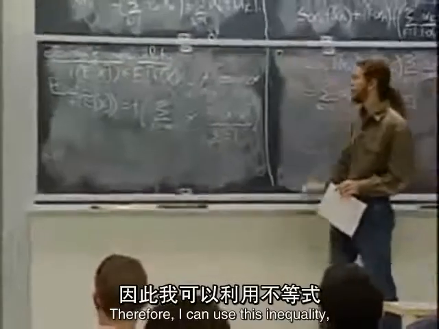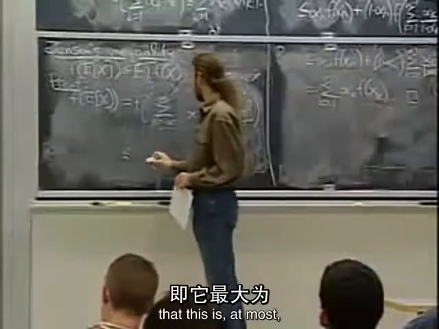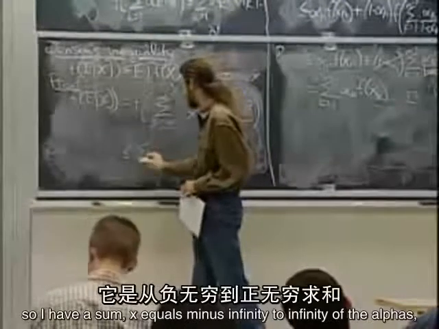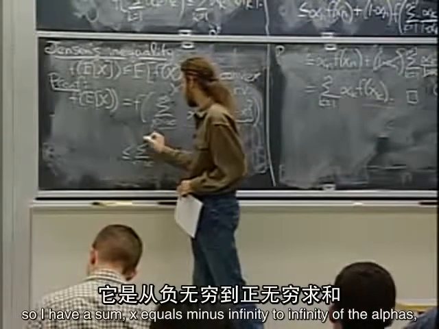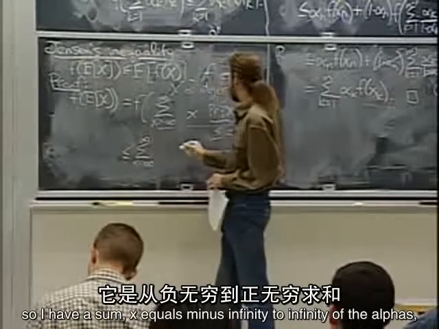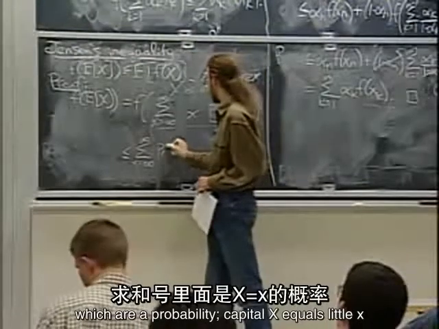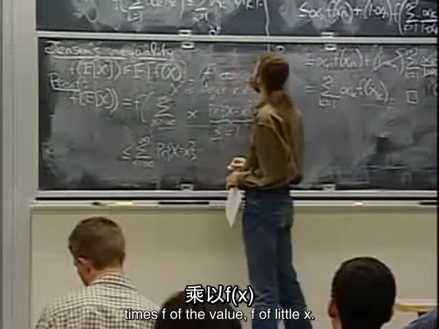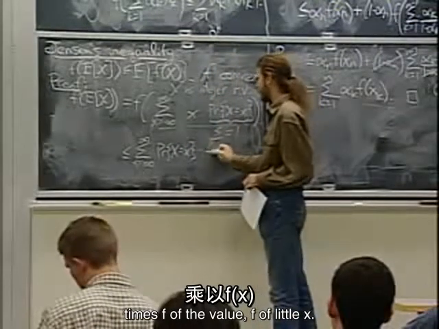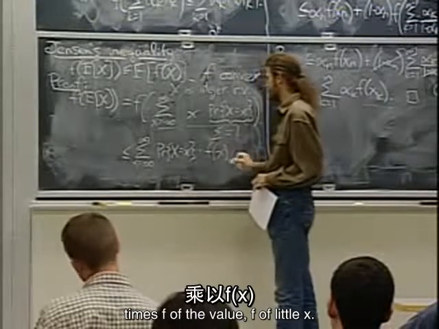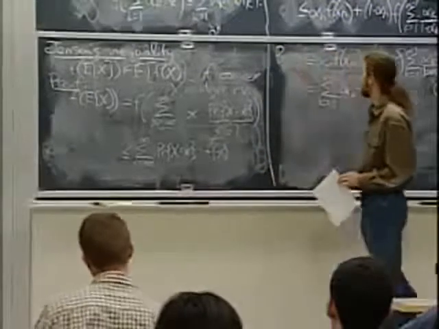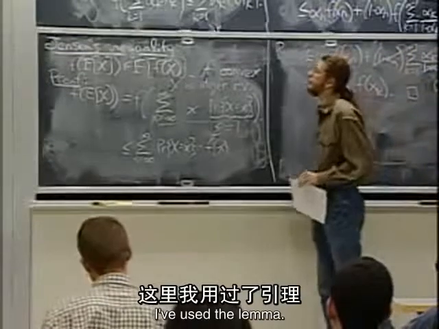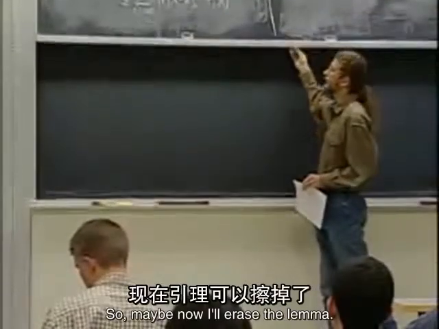Therefore, I can use this inequality: this is at most the sum, x equals minus infinity to infinity, of the alphas, which are the probability capital X equals little x, times f of the value, f of little x. Okay, so there it is. I've used the lemma, so maybe now I'll erase the lemma.